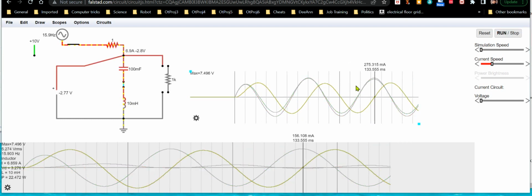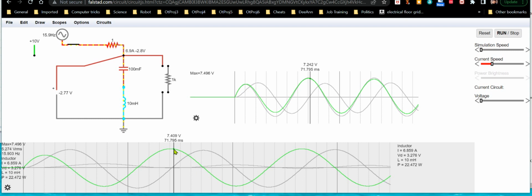I reran it but I changed it to 100 millifarad versus 10 millihenry. They're no longer at resonance, because that's going to be a different resonant frequency, but you can see that the phase relations are still maintained.